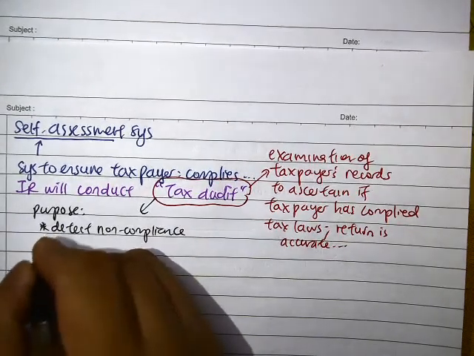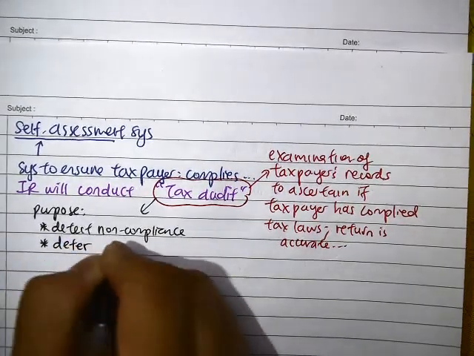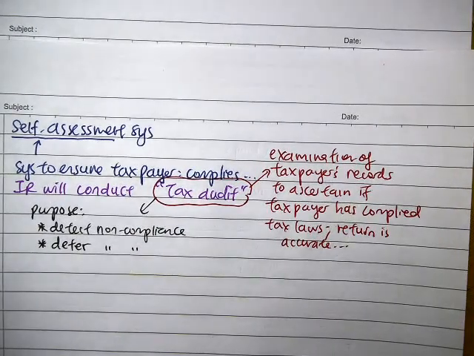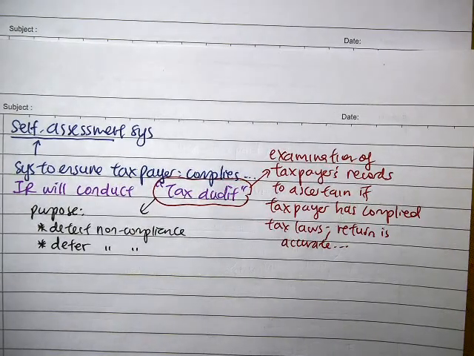But at the same time, it is also to deter non-compliance. Because if you know that one day your tax record will be audited, then you'll be scared. Once you're scared, then you don't do it, because the penalty is serious. So that's why they believe audit is meant to detect and audit is meant to deter. Okay, so this is the purpose.